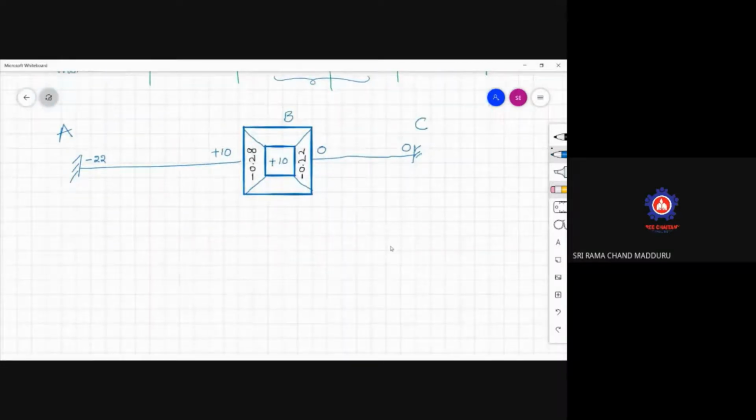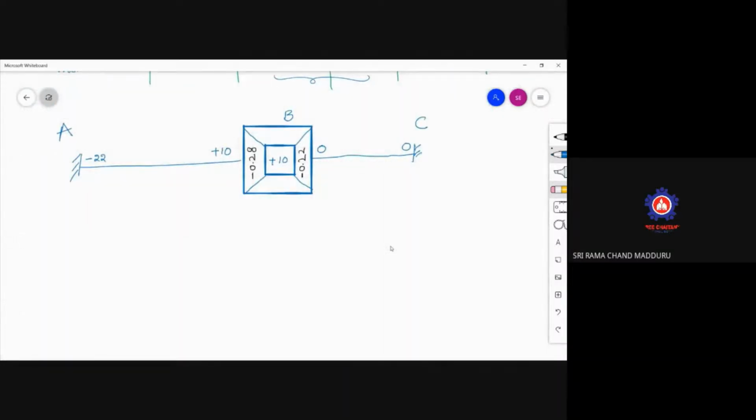Now, here we know that in iterative process 1, MAB will become 0.